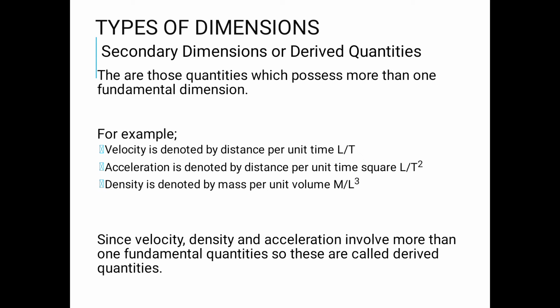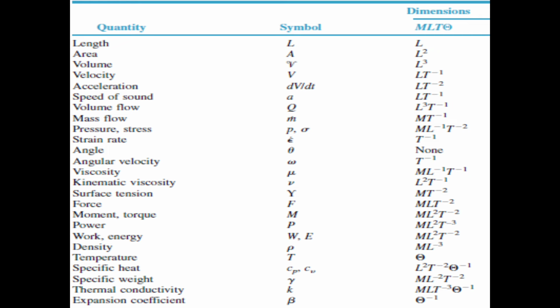Density is denoted by mass per unit volume, that is M by L cube. Since velocity, density and acceleration involve more than one fundamental quantity, these are called derived quantities. The table shows the dimensions of mostly used physical quantities in fluid mechanics.